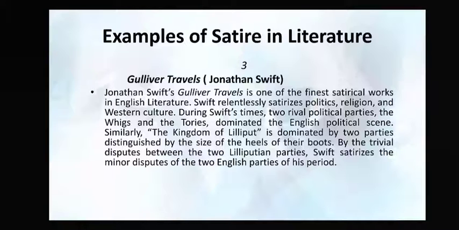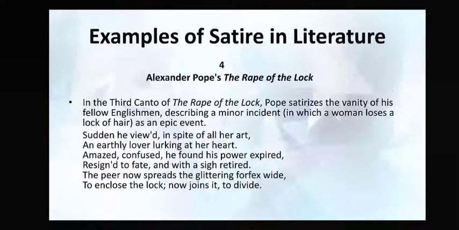Similarly, in his work, the kingdom of Lilliput is dominated by two parties distinguished by the size of the heels of their boots. So, by these small, mundane, and trivial disputes between the two Lilliputian parties, Jonathan Swift satirizes the minor disputes of the two English parties of the period.